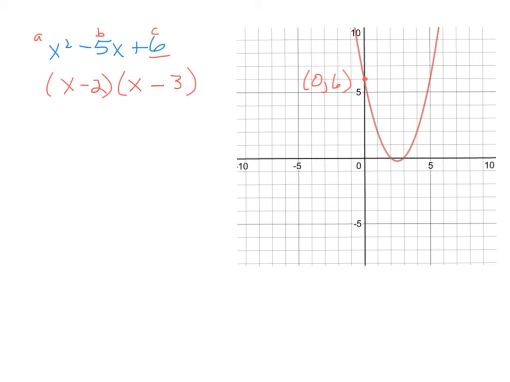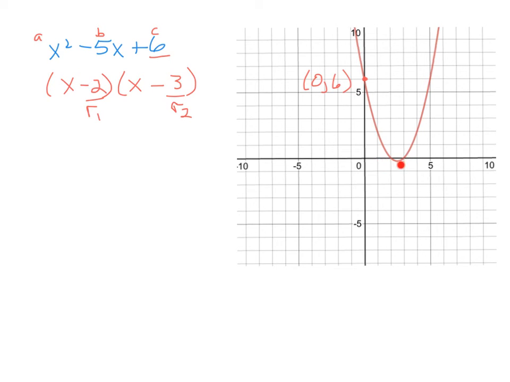So now we have the factored form, and as I told you on the previous slide, that's my R1 and that's my R2, my roots or solutions. But they're also known as the x-intercepts. So now I can go over here to my graph and see that it's crossing right here and right there, on the x-axis.